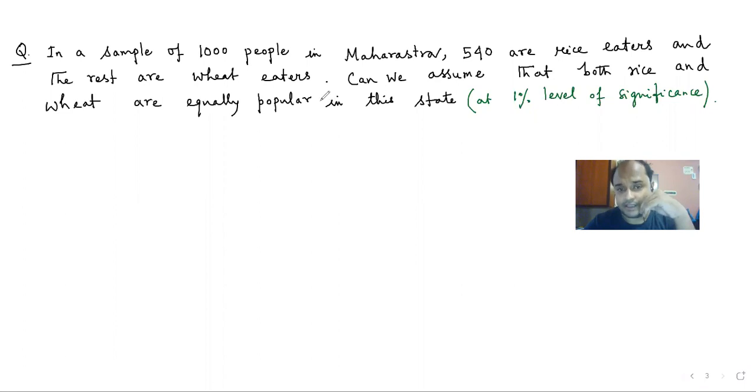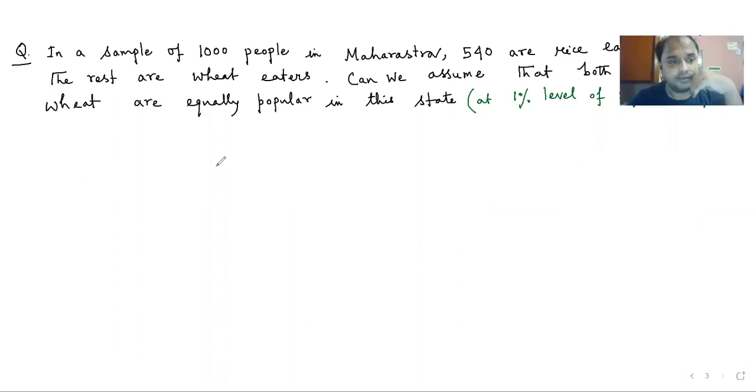We are going to test it, because maybe he has falsified the data, or maybe this proportion is equal only because of these 1,000 people. If I repeat the experiment, maybe this proportion will no longer be equal. Who knows? So therefore this needs to be checked.